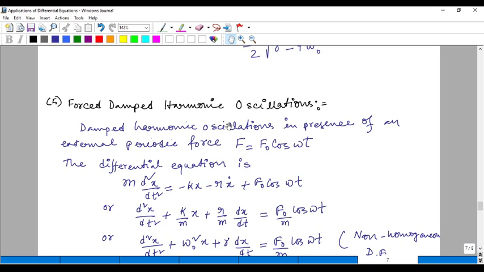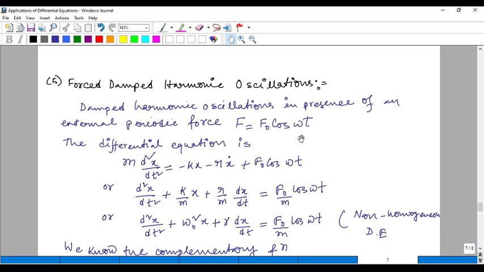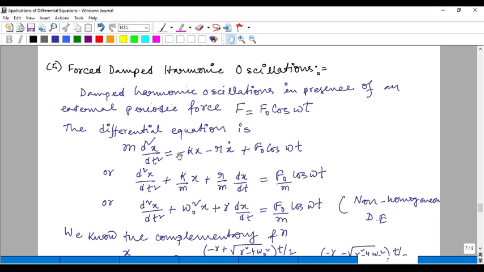The damped harmonic oscillations in presence of an external periodic force, that is F equal to F0 cos omega t. Here omega is the frequency of the external periodic force, and the differential equation can be written as m d2x dt2 equal to minus kx, this is the restoring force due to the spring, minus r x dot, this is the damping force due to the friction, and this F0 cos omega t is the external force.